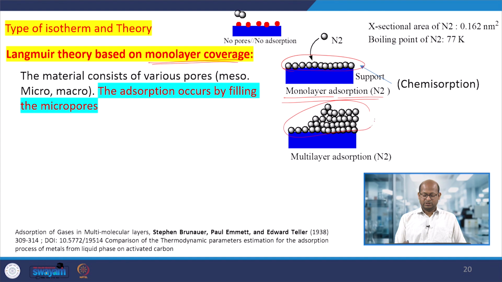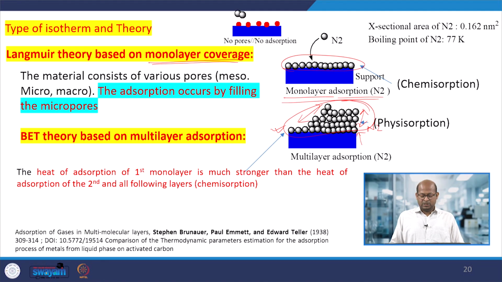Here you can see multiple layers. The initial first layer is with the surface of the material or sample, and after that the second, third, fourth layers are not directly with the material, nanomaterial, particles or catalyst, whatever we have taken. The rest, from the next layers onwards, is not directly with the sample or catalyst or metal oxide.